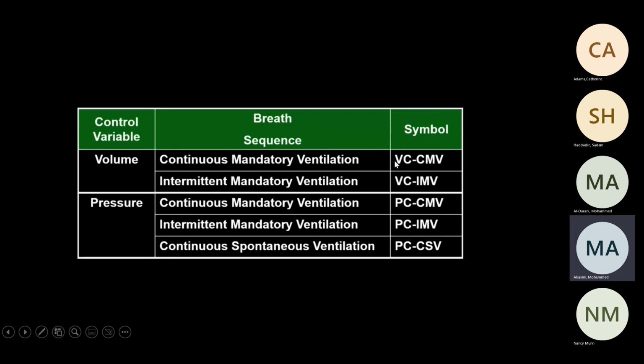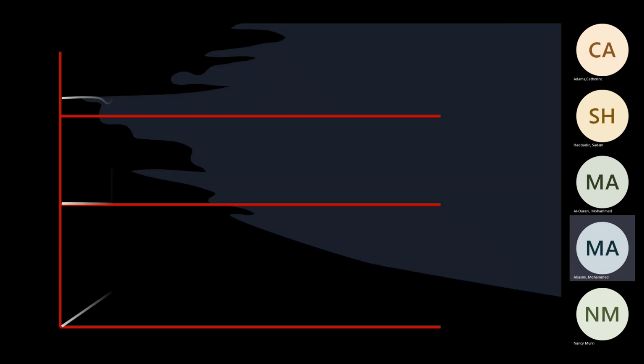It can be volume control with continuous mandatory volume ventilation. Sorry, it could be volume control with intermittent mandatory volume. It could be pressure control with continuous mandatory ventilation, or pressure control with intermittent, or pressure control with continuous spontaneous ventilation, which is when we put our patients on pressure support. Okay. All right.